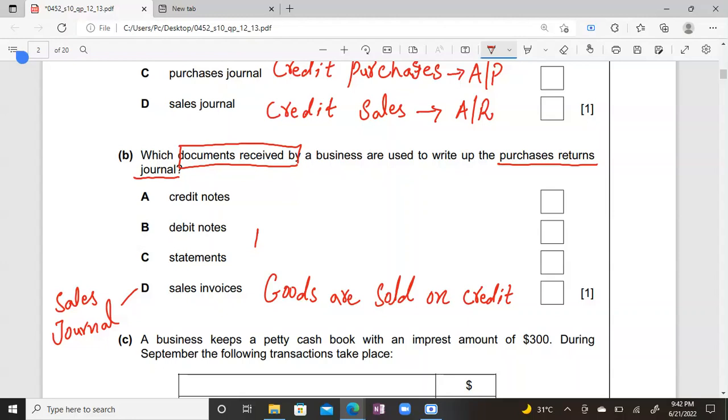The seller is then issuing a credit note as a confirmation that, for example, all the transactions are accepted. So in that case, the seller will issue a credit note to the customer. So our answer is A, a credit note. And when the credit customer receives a credit note, he or she will write it in the purchase returns journal.